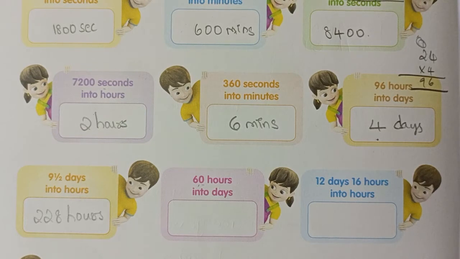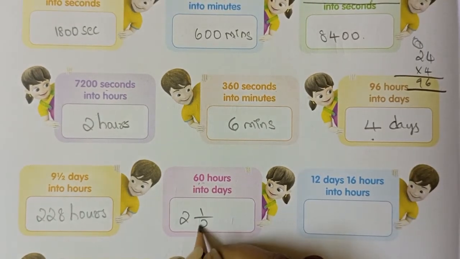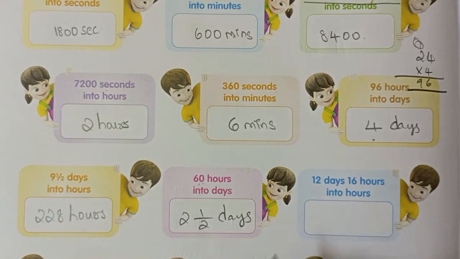So 24 plus 24 is 48. And again 24 means it will be 72. So half means 60: 48 plus 12 hours. So it is 2.5 days.